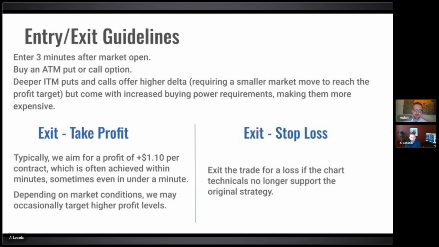So I leave them on very long, and I don't have a hard stop loss. I decide depending on the chart if my idea is still valid or not. If my idea is not valid anymore, I would then decide to exit. But I don't have a hard stop because often it's difficult for options, as those stops tend to be taken out, because the option market is not as liquid as, for example, the stock market.